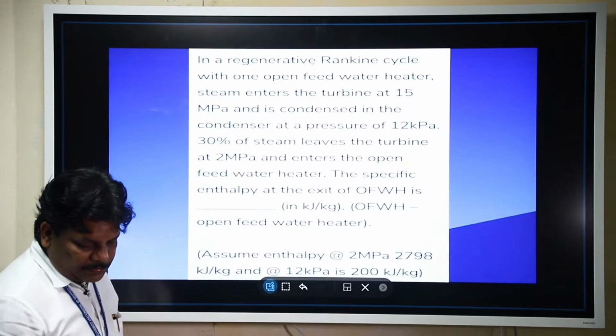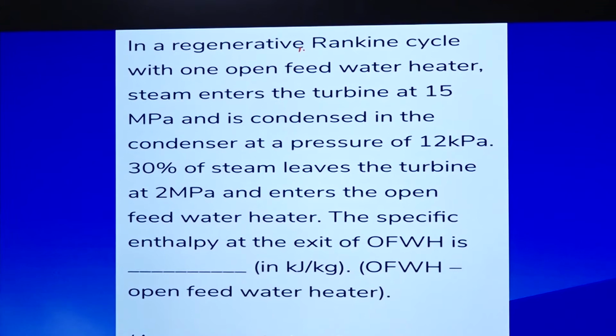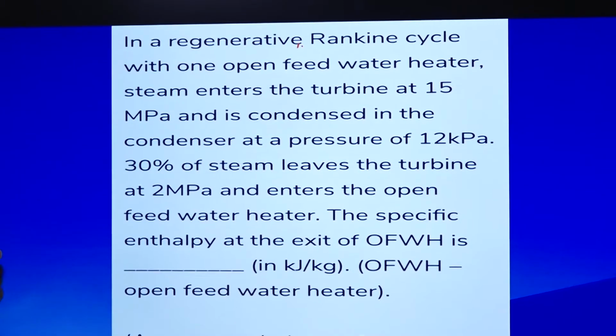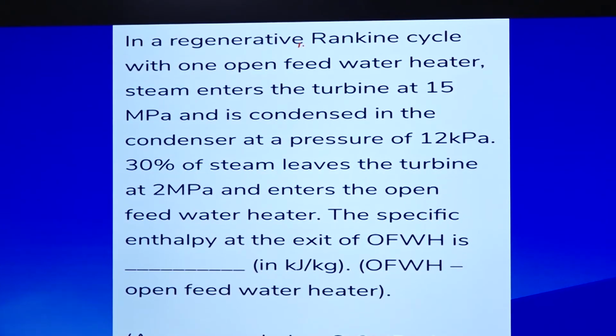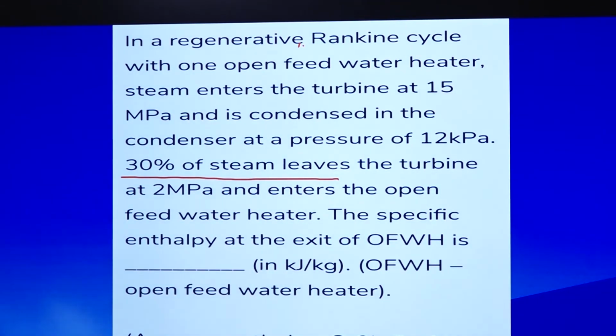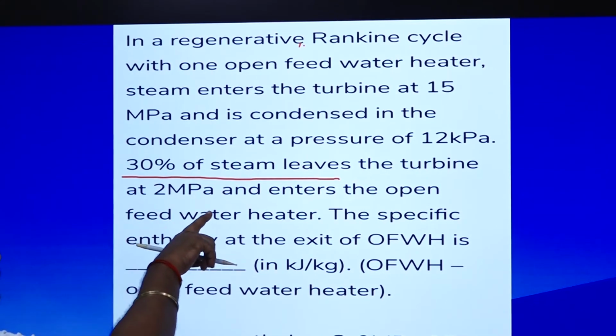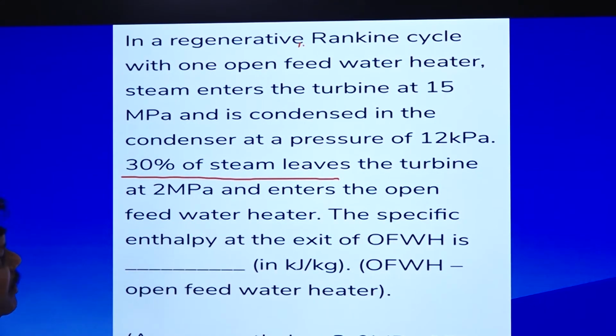The next one is, in a regenerative Rankine cycle with one open feed water heater, steam enters the turbine at 15 megapascal and it is condensed in the condenser at a pressure of 12 kilopascal. Here 30% of the steam leaves the turbine, so that means the remaining 70% is there, at 2 megapascal and enters the open feed water heater.